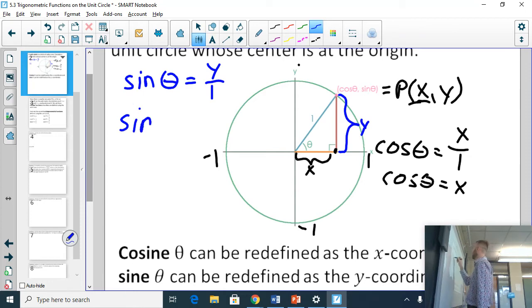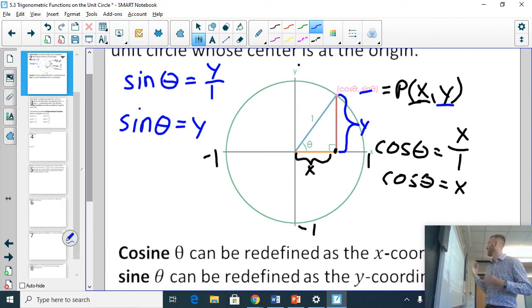So in other words, sine theta equals y, which is why we can do that. So on a unit circle, you could just use cosine of theta for x and sine of theta for y. It might be a little weird right now, but once we get into some examples, it'll start to click for you guys.